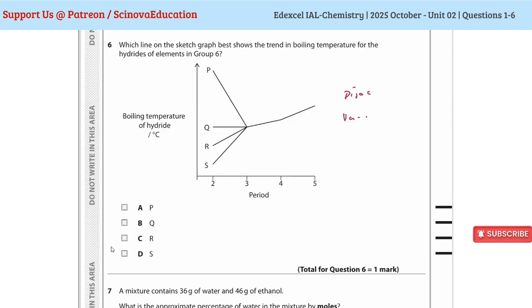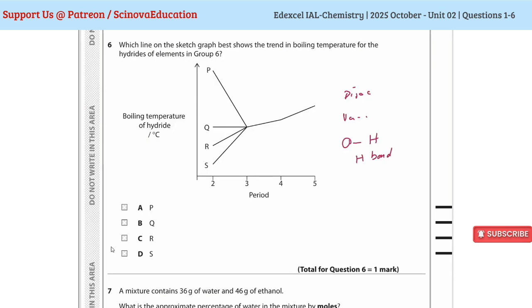Always van der Waals interactions are beating the dipole interactions in group 6, except for period 2. Period 2 is oxygen and hydrogen bond, which is very highly polar and has hydrogen bonding.